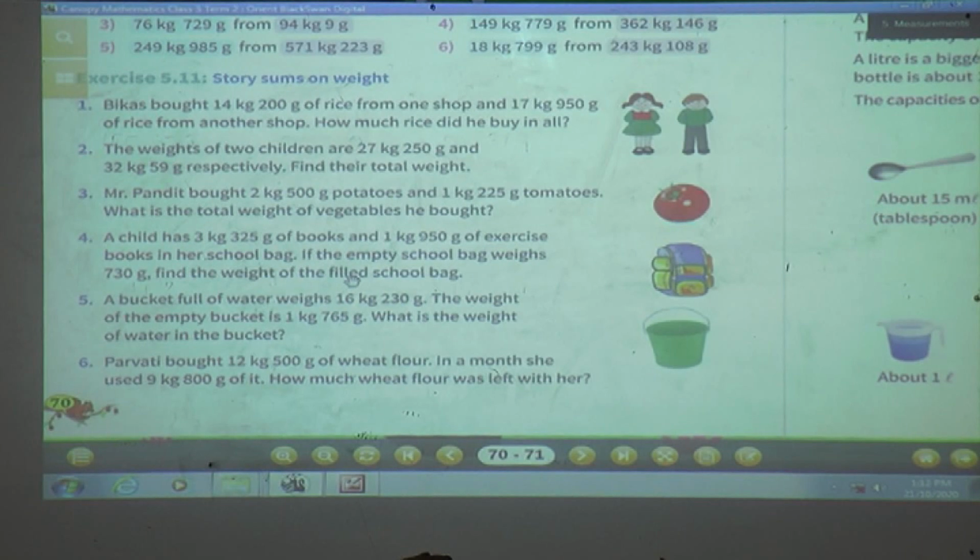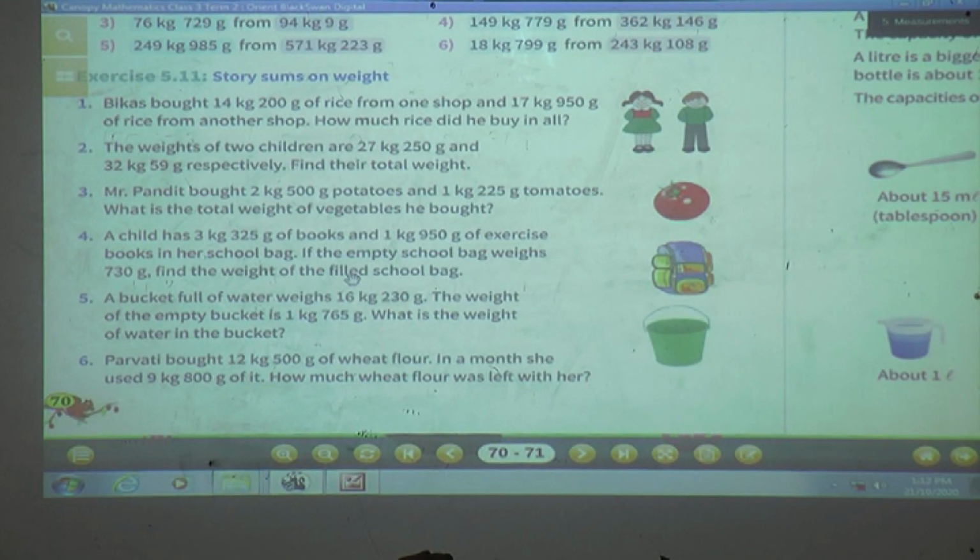First example, Vikas bought 14 kilogram 200 gram of rice from one shop and 17 kilogram 950 gram of rice from another shop. How much rice did he buy in all? See here, what is the question?